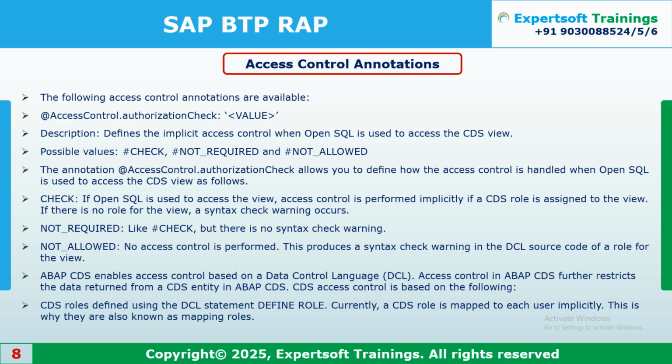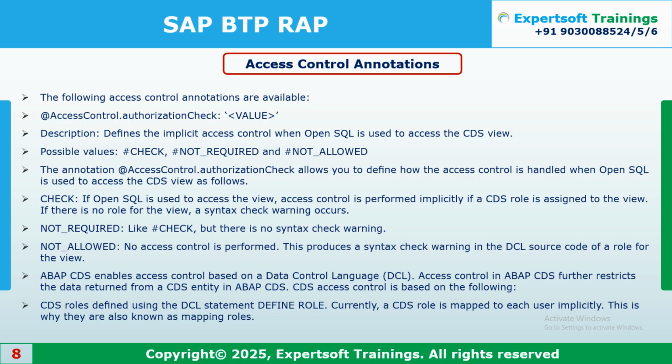If they access the same database table, the requirement may be that an India user can only access Indian data records with respect to the country column, while a US business user executing it on the same table should see only the US records. With respect to one particular column, the country key, how can we manage this with the same database table but different record sets? With the help of the access control annotation we can manage it. I'm going to implement a real scenario in our session to show how access control works.